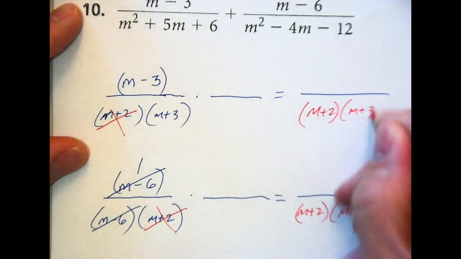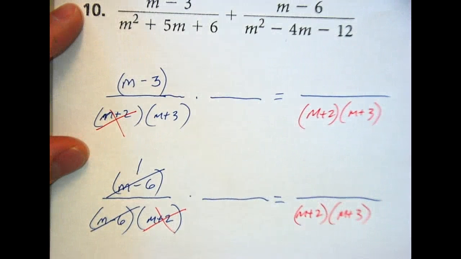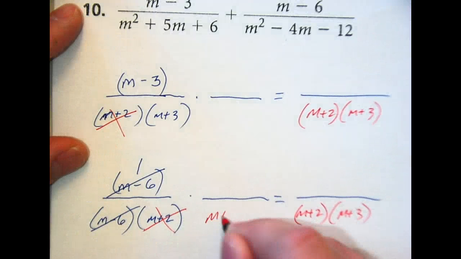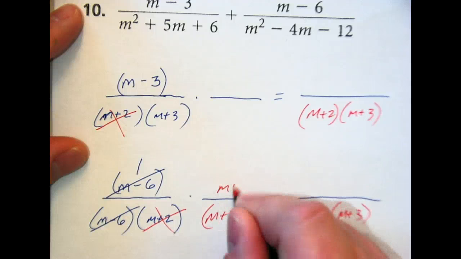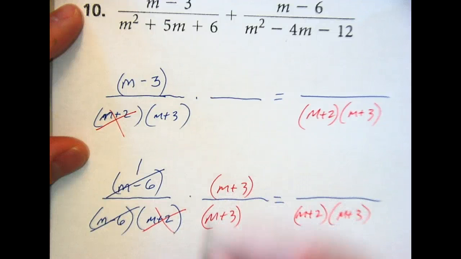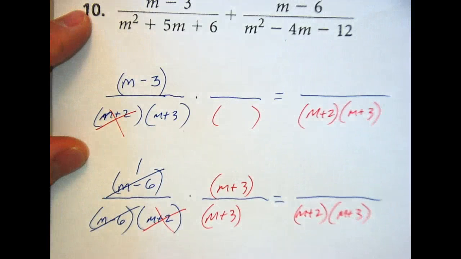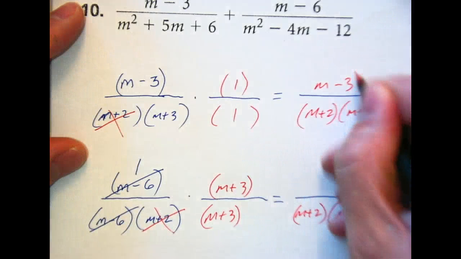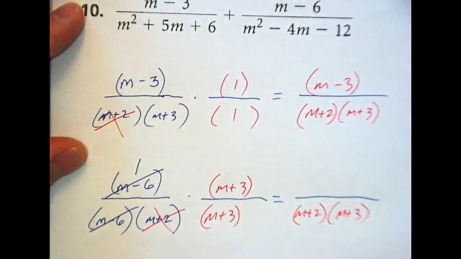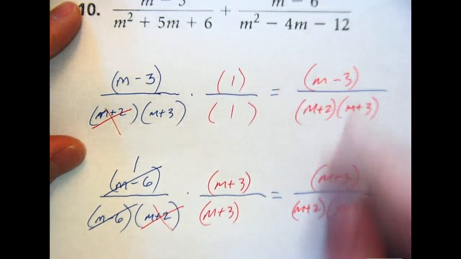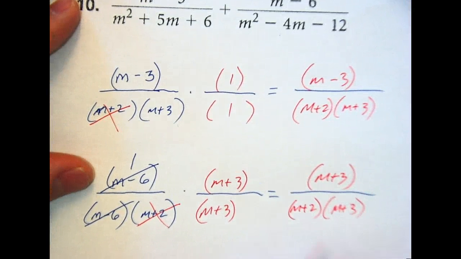So what am I multiplying this one by? N plus 3. What am I multiplying this one by? Yeah, just 1. Nothing. So nothing changes. You don't even need to put anything there. So this becomes n plus 3 plus n minus 3. You're adding, remember, you're not multiplying there.